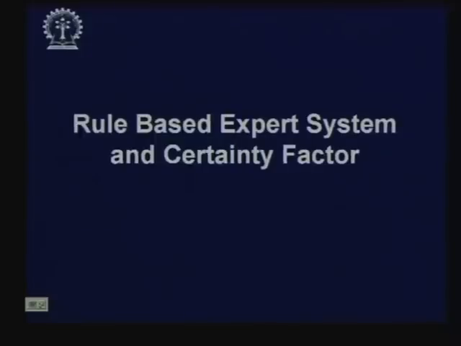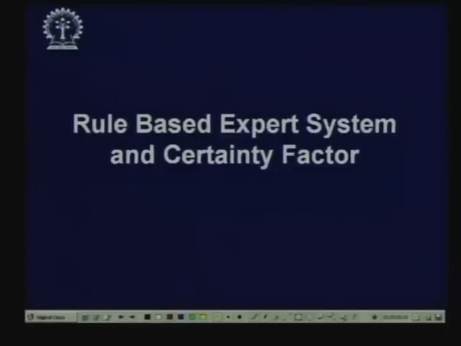First, let us quickly have a look at the things that we need to discuss about expert systems, rule based systems. First, the execution cycle. This is just for your recapitulation.